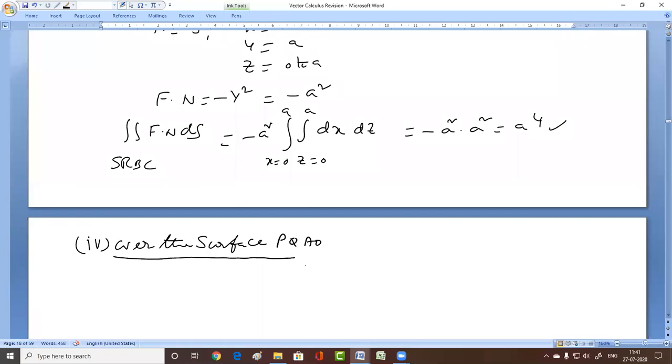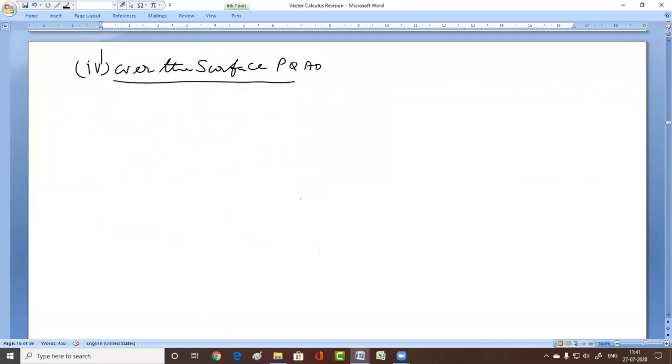The bottom of the cube. Now what about the n value? Minus j. For the bottom, the normal is the minus y axis, minus j. X is 0 to a, y equals 0, z is 0 to a. Just observe the diagram, you will get everything.